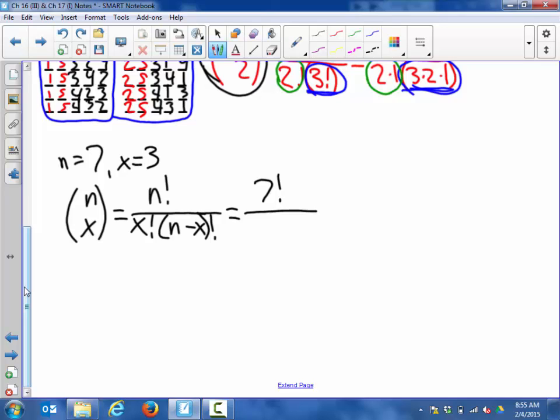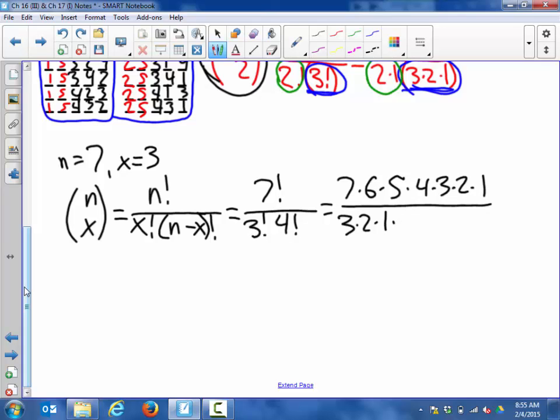So filling in these numbers, that would be 7 factorial over, if x is equal to 3, 3 factorial times 4 factorial, since 7 minus 3 is 4. So we have 7 times 6 times 5 times 4 times 3 times 2 times 1 over 3 times 2 times 1 times 4 times 3 times 2 times 1.